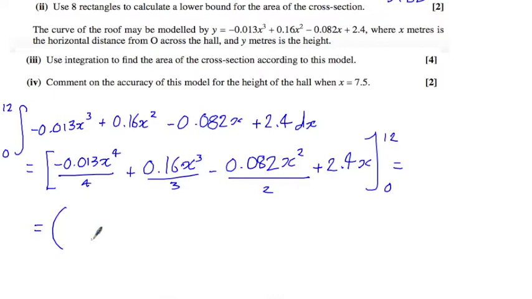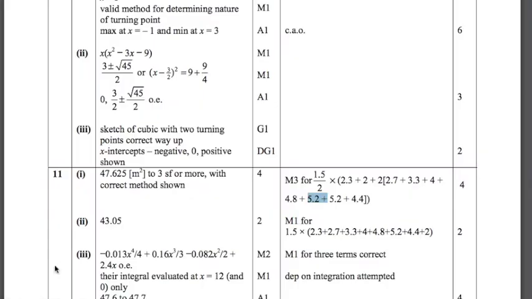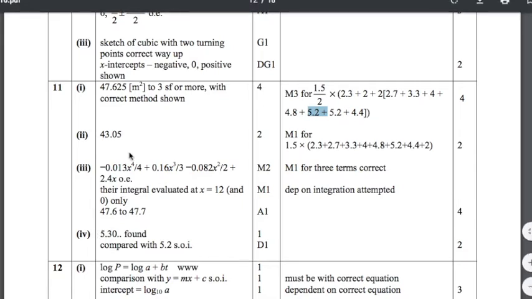And that gives me 47.664 minus 0. So 47.664, what was that, meters squared. Have I got it right? So that accepts anything from 47.6 up to 47.7. So 2 marks for the integration, 1 mark for subbing in 12, and 1 mark for this.